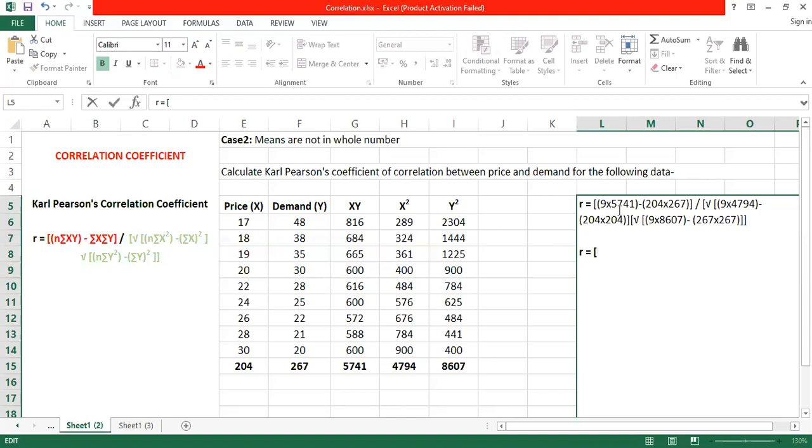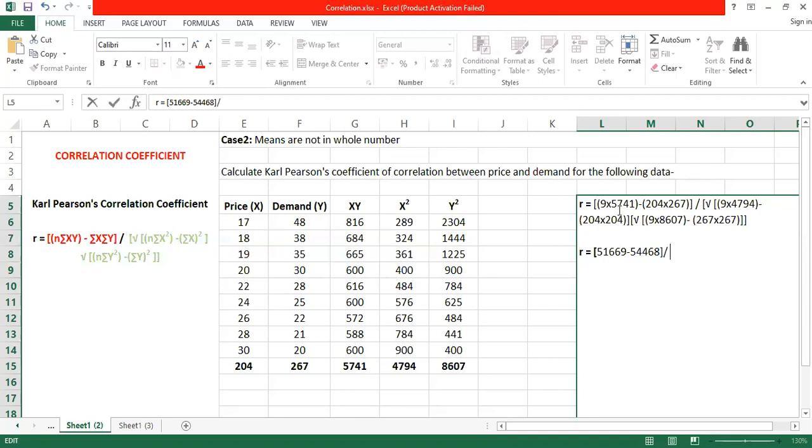So 5741 into 9 is 51669, right? 51669 minus 204 into 267 is 54468. Let me close the bracket, right?